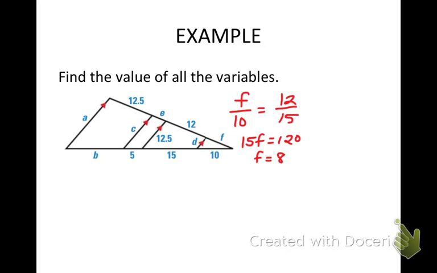So now I'm going to put an 8 in place of F, because maybe I might want to use that 8 later on. Can you give me a ratio to solve for E? E over 5 is equal to 12.5 over B. Well, we don't know B. Can we do 12 over 15?